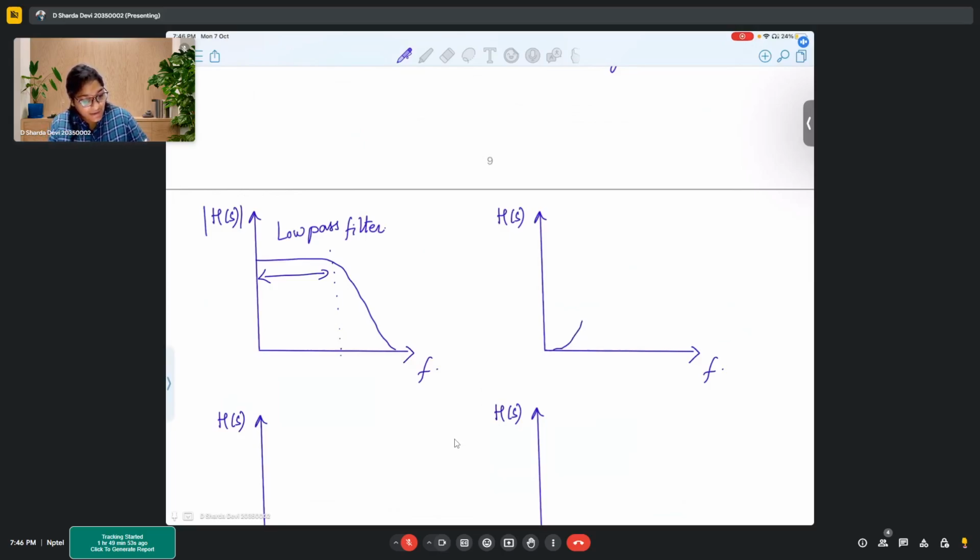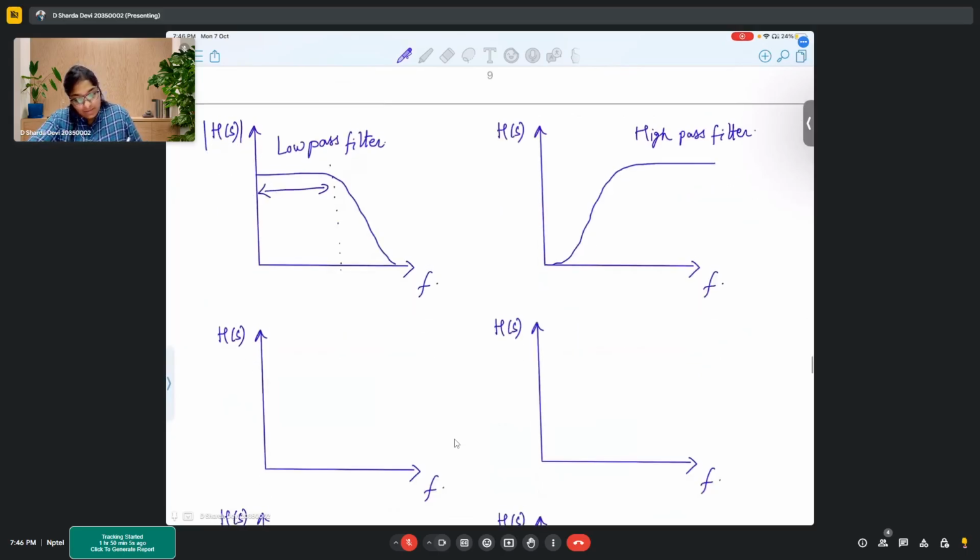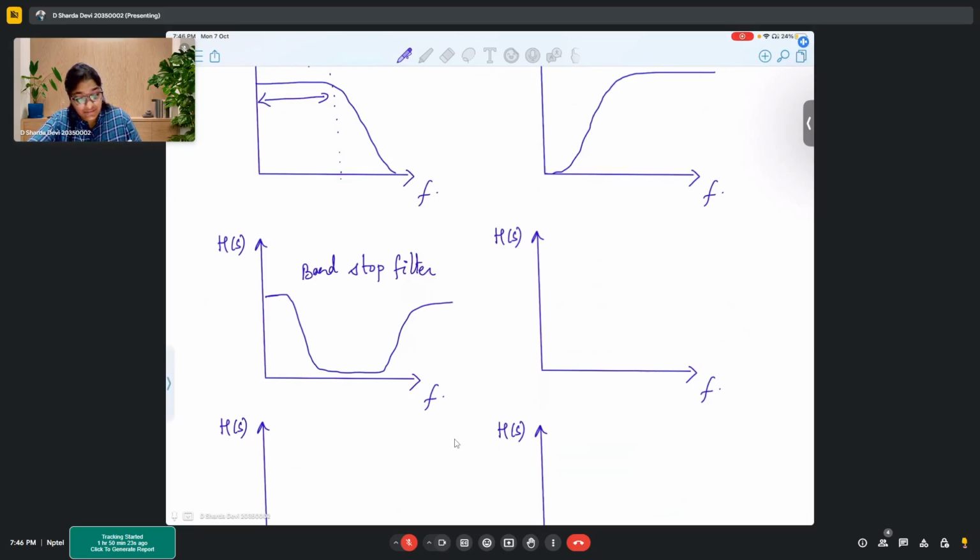In a similar fashion, if I have my Bode plot like this, this shows me high pass filter characteristics. Now, if I have a behavior like this, then this is a band stop filter, as it restricts the passage of certain frequencies. So that's why we call it a band stop filter.